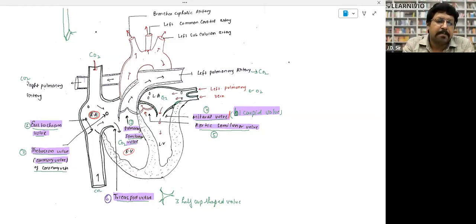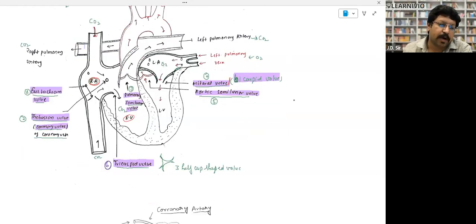First, the blood is collected from all the body parts. Small venules merge and make veins. Veins finally merge and make the largest vein, the vena cava, right? So the vena cava is bifurcated into two parts.